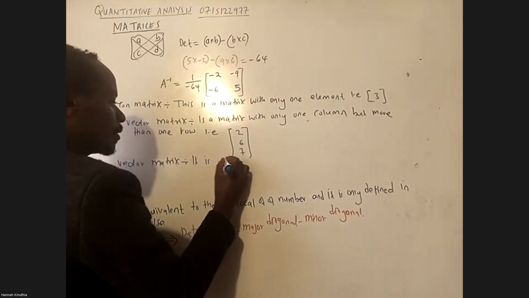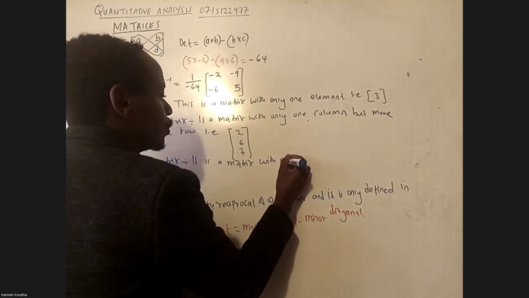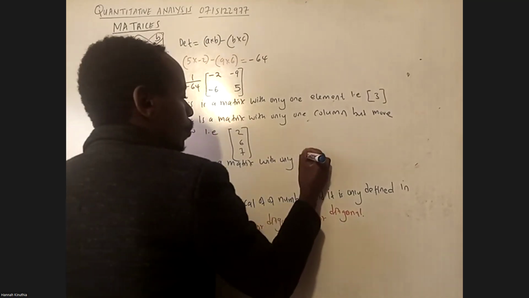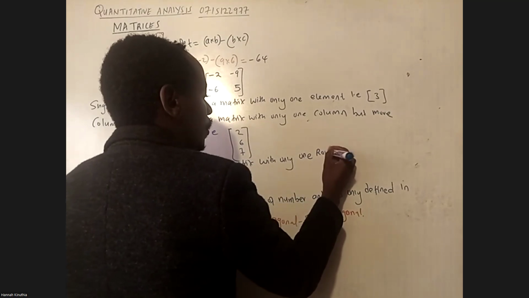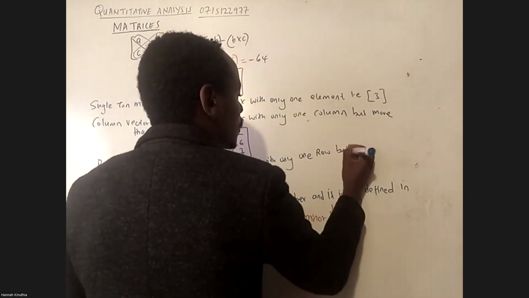It is a matrix with only one row, but many columns.